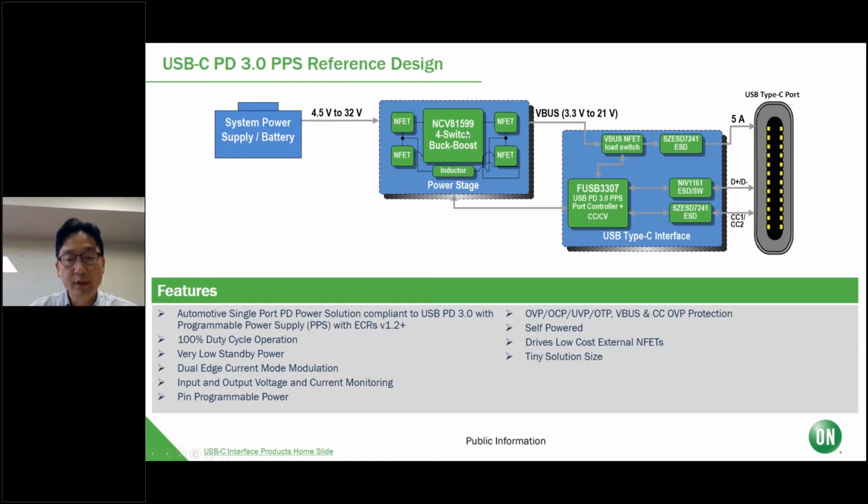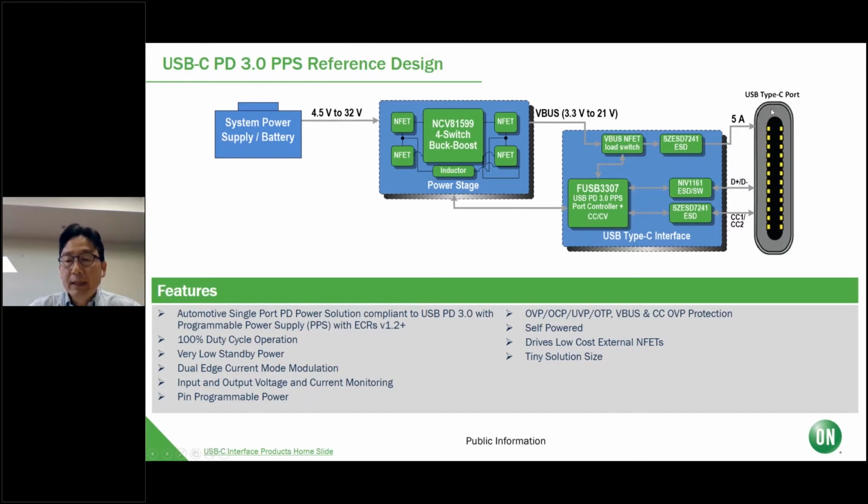It controls all four external NFETs, two for the buck operation and two for the boost operation. That is interfacing with the FPUSB3307, and the 3307 is interfacing with the Type-C port over the CC1 and CC2 and the VBUS path.